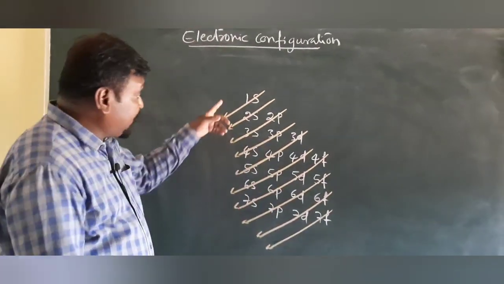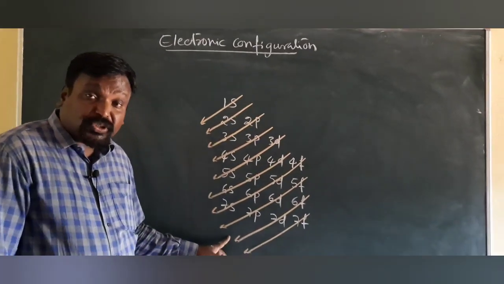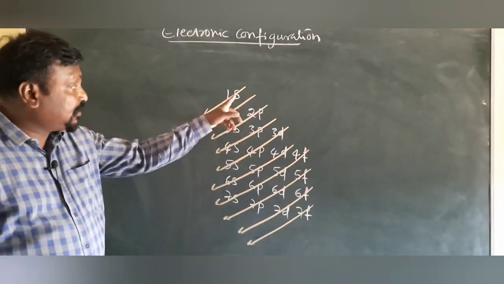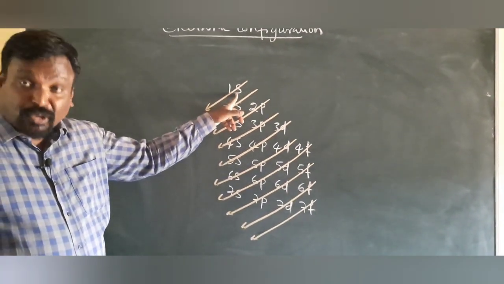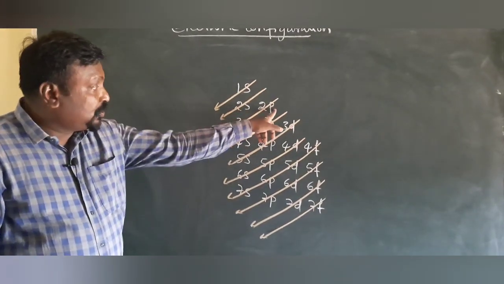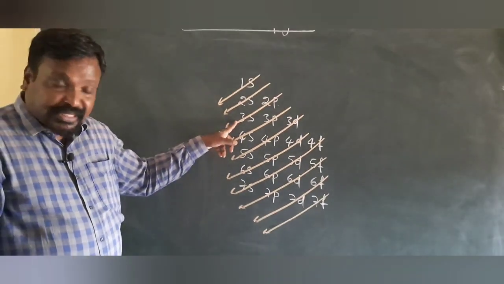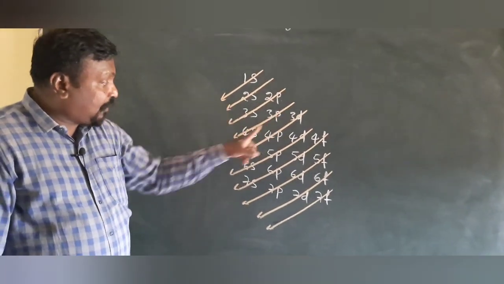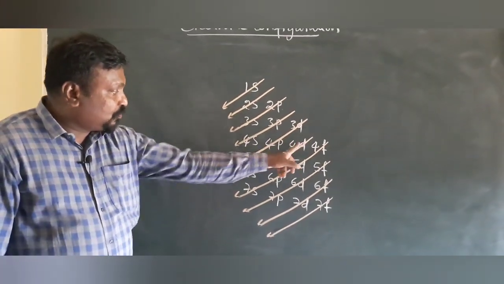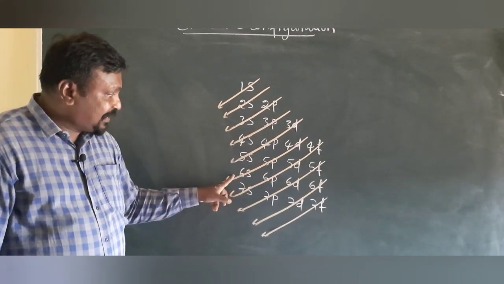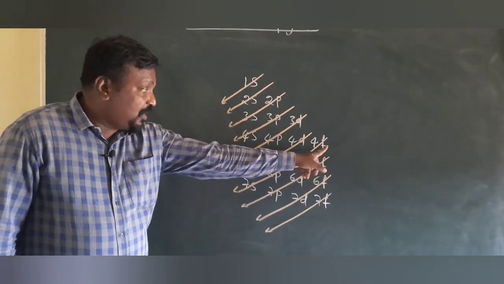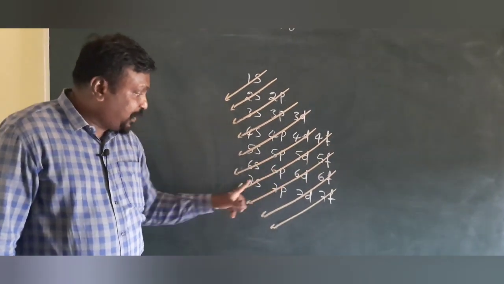Now see, this is the pattern in which the electrons get filled up in the increasing order of their energy levels. First the electrons get filled up in 1s, after that it goes to 2s, and then 2p, 3s, then 3p, after that 4s, 3d, 4p, 5s, 4d, 5p, 6s, and then it goes to the f orbital, 4f, 5d, 6p, 7s.